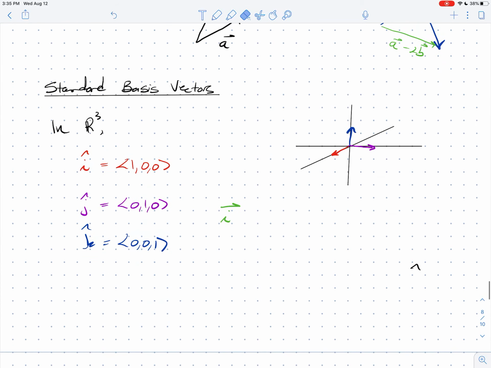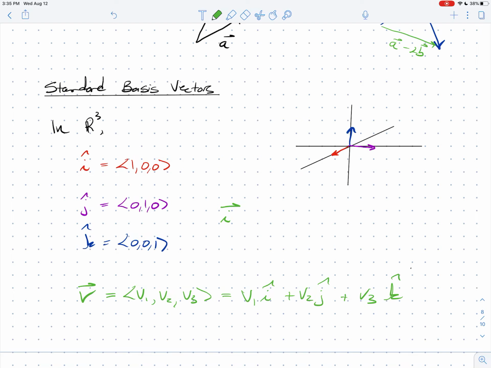So why are they special? Let's just answer that. So it turns out if you have a vector v, and you write v in component form as v1, v2, v3, that's the same thing as saying v1 times i plus v2 times j plus v3 times k. Think about it for a moment and make sure that you're comfortable with that.